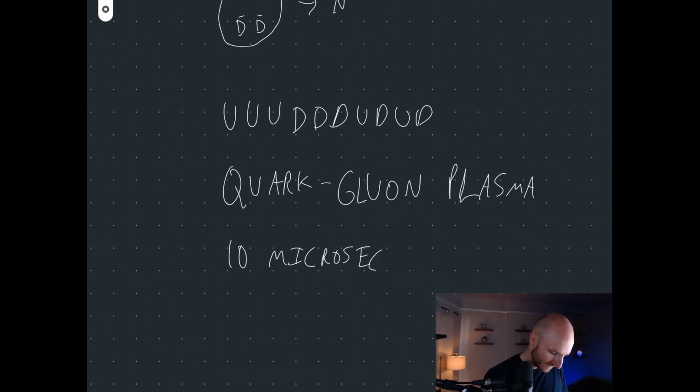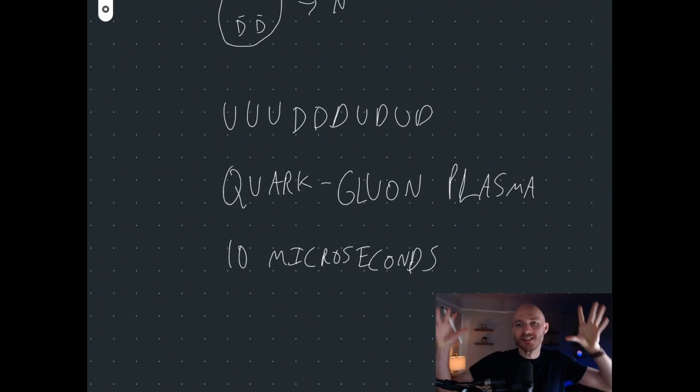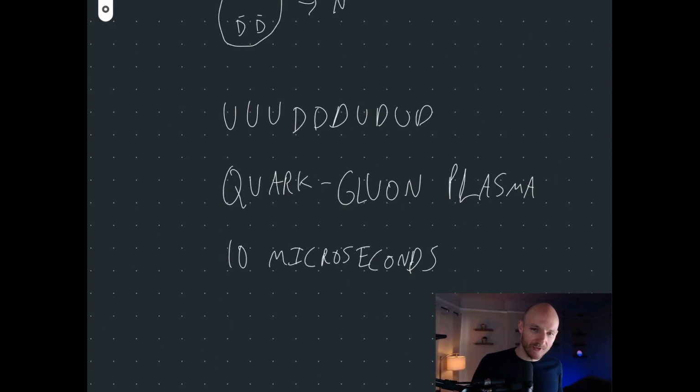So that was the first key thing: we had to create protons and neutrons, and we did it by the quark-gluon plasma finally settling down in those first 10 microseconds into our beautiful protons and our beautiful neutrons. So that is the first part of creating atoms.